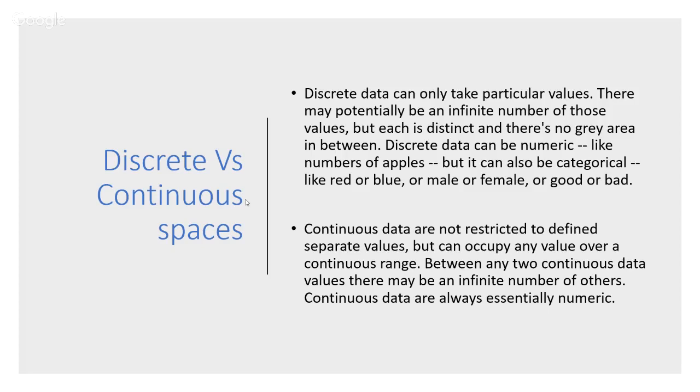Discrete data can be numeric, like numbers or apples, but it also can be categorical, like red, blue, male, female, good, bad. But it's very specific. While continuous data are not restricted to defined separate values, but can occupy any value over a continuous range. Between any two continuous data values, there may be an infinite number of other continuous data, and always essentially numeric.